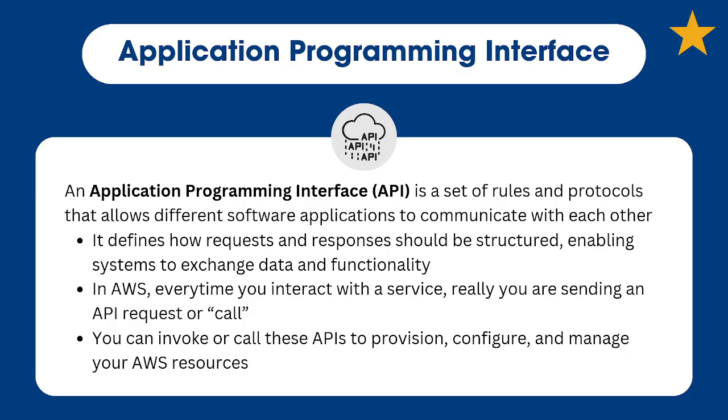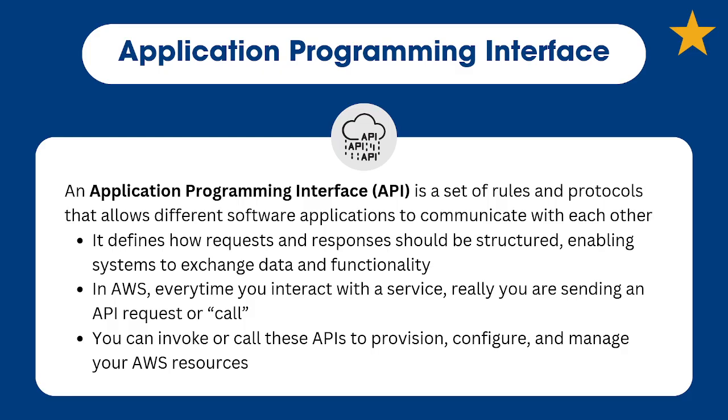With respect to AWS, every time you're requesting a service, every time you launch an EC2 instance, every time you configure auto scaling, every time you set up an S3 bucket, the way you're talking to the AWS system, to the AWS cloud, is through API requests.